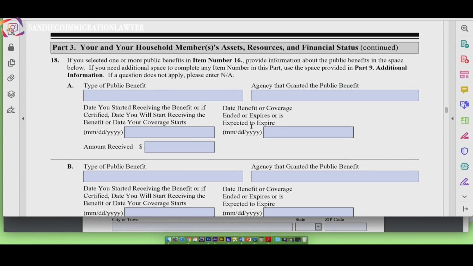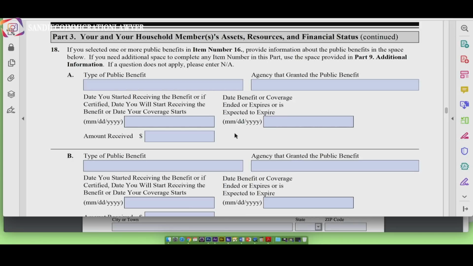So here in part 3, we will continue, and it's asking for your and your household members' assets, resources, and financial status. It's continued in here, and it says if you selected one or more of the public benefits in item 16, please provide information about the public benefit.